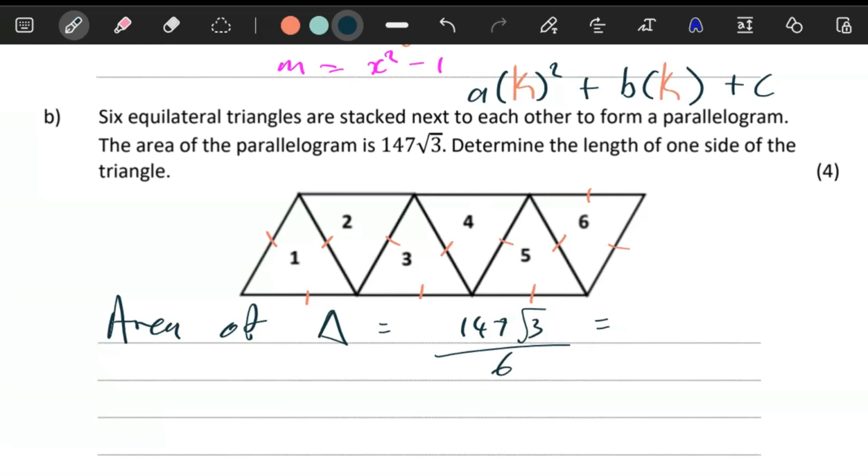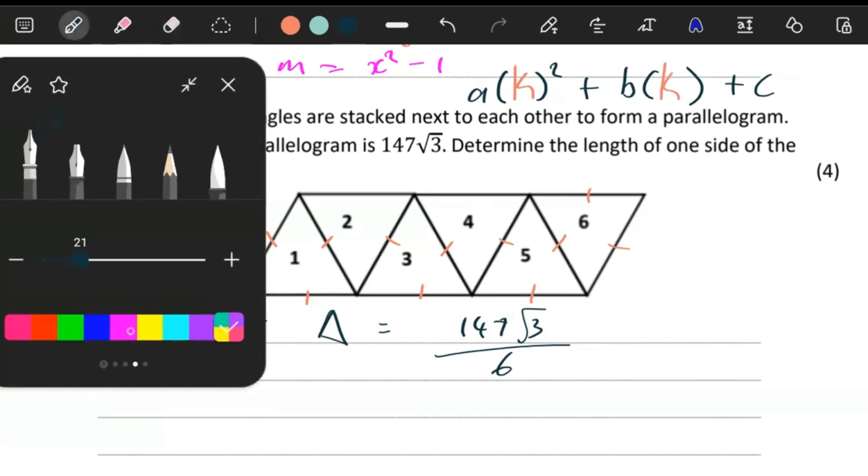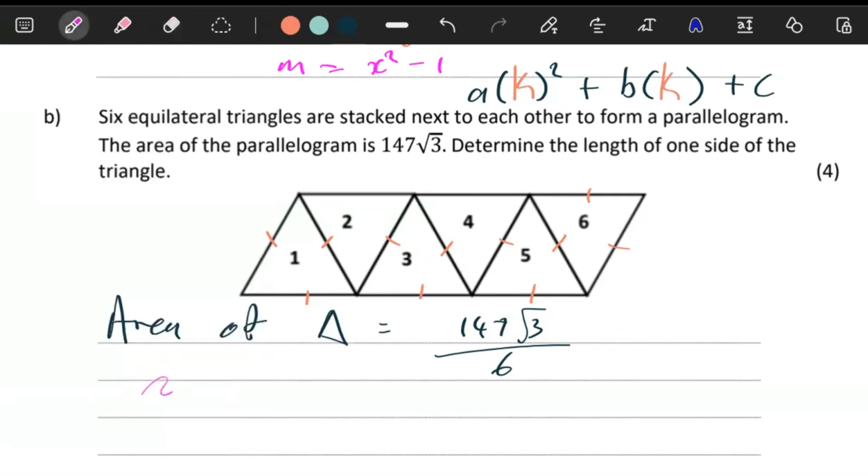So that's giving us the area of one triangle, which we do need, because if we at least have the area of one triangle, that's one step closer to working out that length that they are talking about. So let's even leave it like this so that it's not rounded off. So the area of a triangle, remember, it's just half base times height. So this value is equal to half base times height.